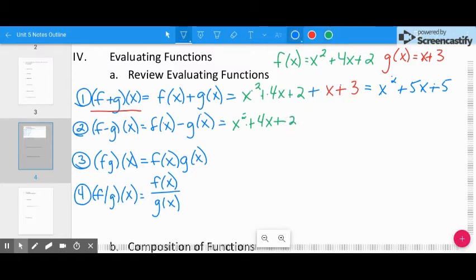But now we're doing minus, and I'm going to put g of x in parentheses, so x plus 3. And then before I do anything further, I'm going to go right away and add the opposite. So make that a negative x and a negative 3. So final answer for this one, still x squared. But now we're going to have plus 3x. And in this case, minus 1.